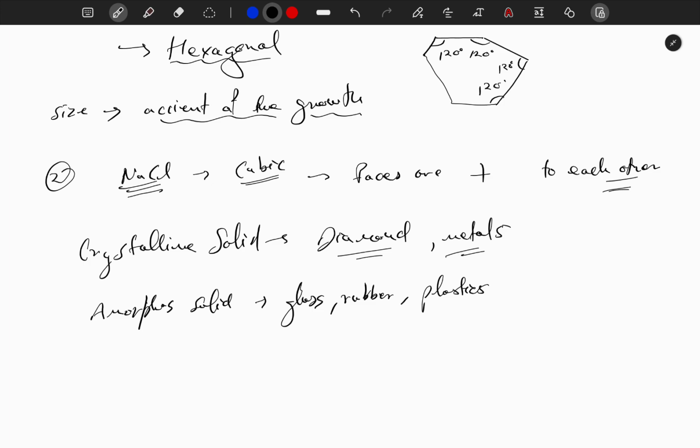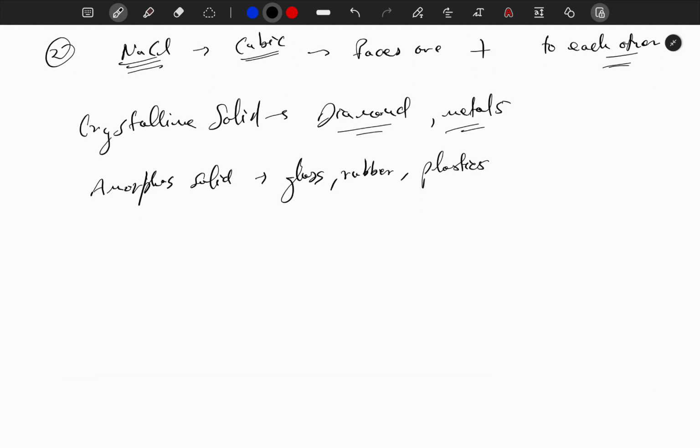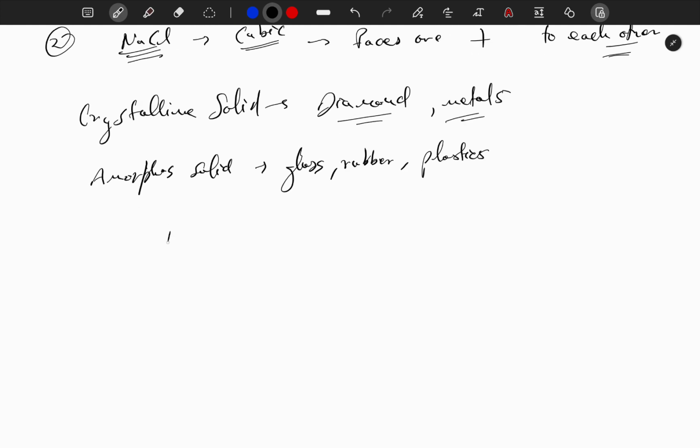There are also amorphous metals. And there are some solids like B2O3 which exist in both states, the crystalline as well as amorphous.